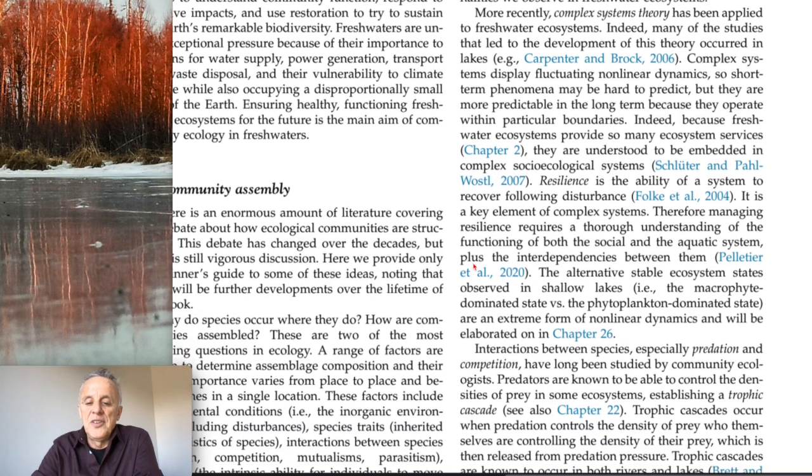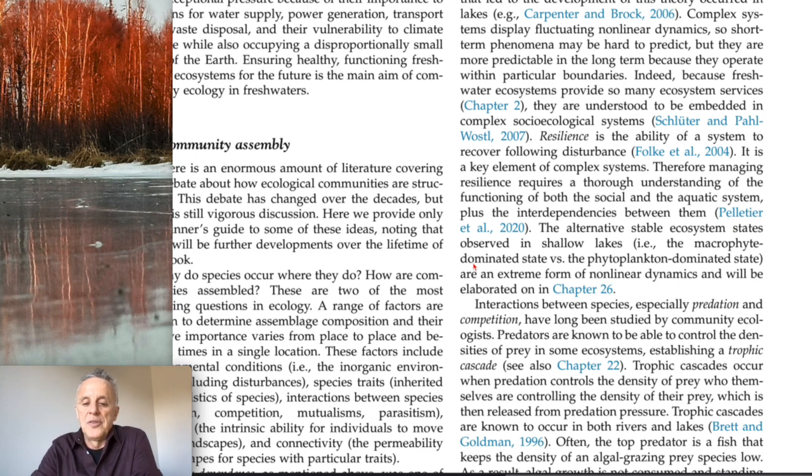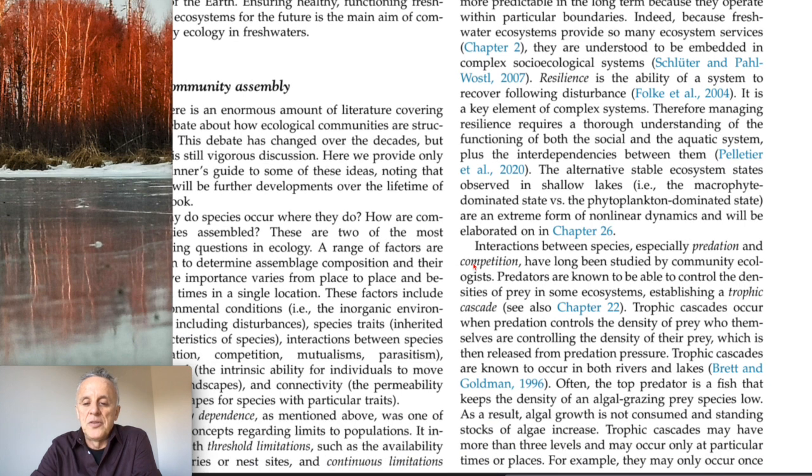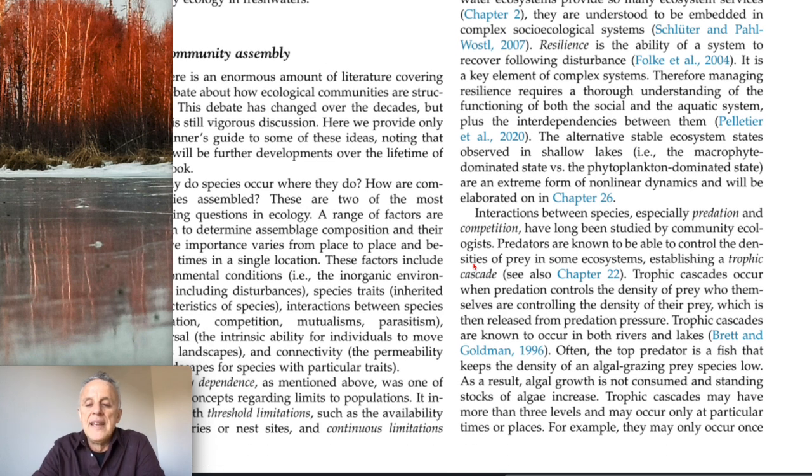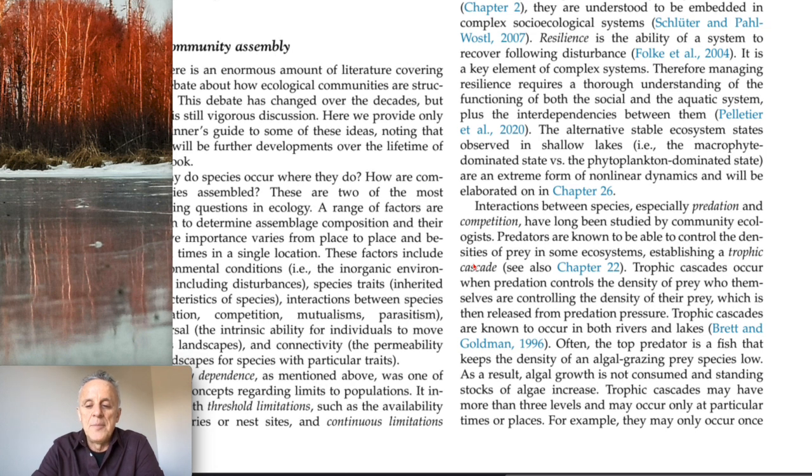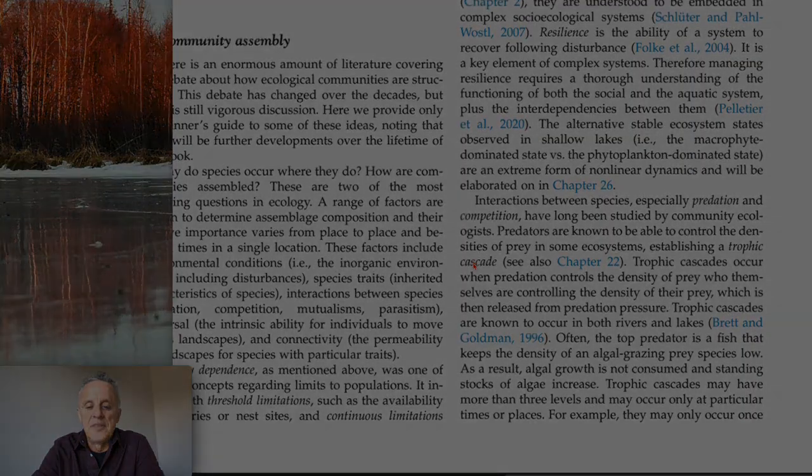Resilience is the ability of a system to recover following disturbance. It is a key element of complex systems. Therefore, managing resilience requires a thorough understanding of the functioning of both the social and the aquatic system, plus the interdependencies between them. The alternative stable ecosystem states observed in shallow lakes are an extreme form of nonlinear dynamics and will be elaborated in chapter 26.